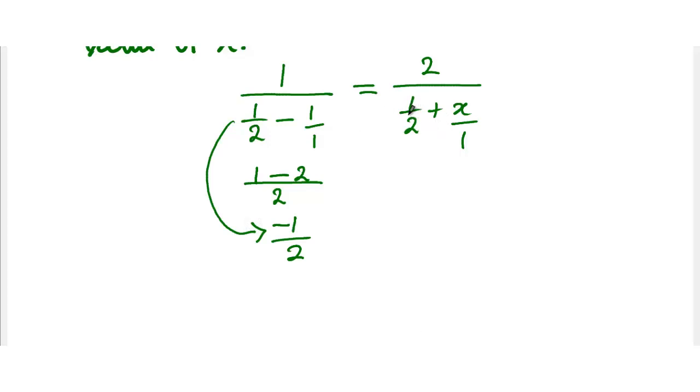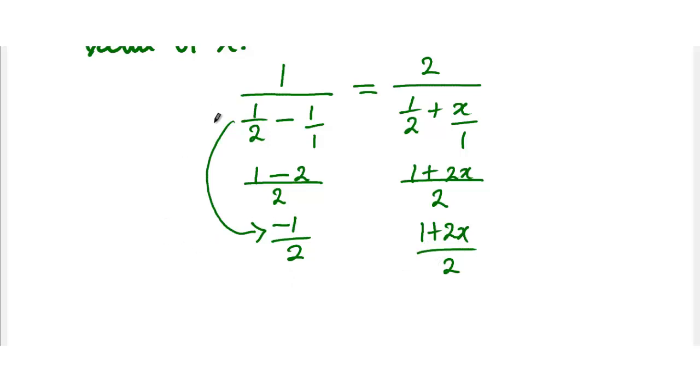So for this other side too, we're going to be finding the LCM. The LCM here is 2. So 2 into 1, 1 times 1, 1 plus 1 into 2, 2 times x, that is 2x. So the whole of this is 1 plus 2x divided by 2.